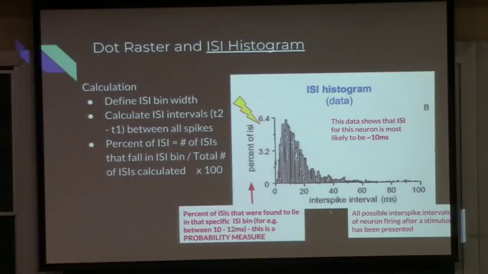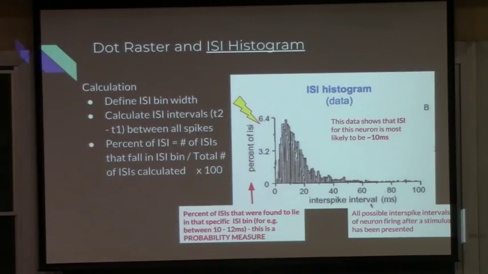So now we're trying to see how far apart are the firings of this neuron after the stimulus has been presented. And so what we do for this is we have, on the x-axis, interspike interval. And this would also be created from a dot raster.